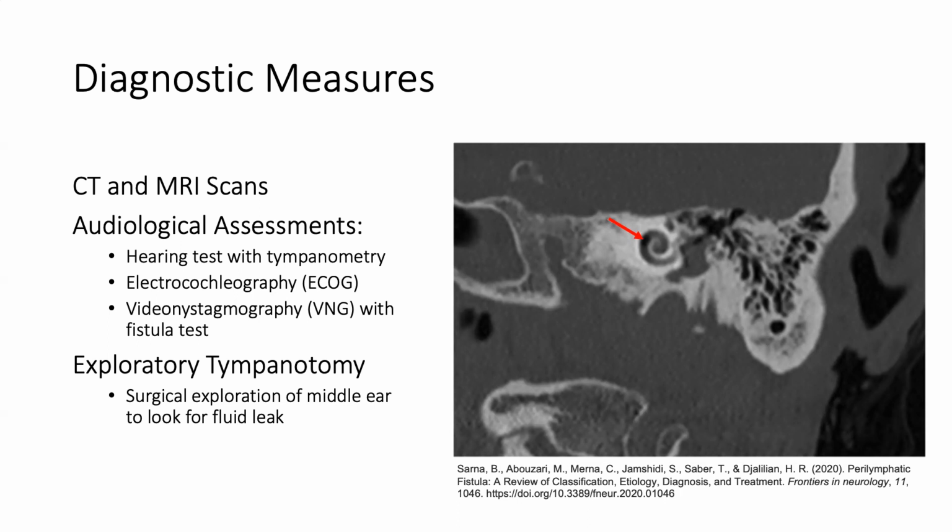Another way to test for perilymphatic fistulas is through audiological assessments, which can include a hearing test that typically shows a unilateral sensorineural hearing loss. And if you remember the air bubbles I showed in the picture a few slides ago, depending on where the air bubble is and where the organ of Corti is being compressed, could determine what kind of hearing loss that is.